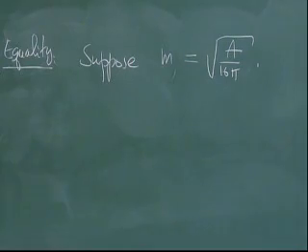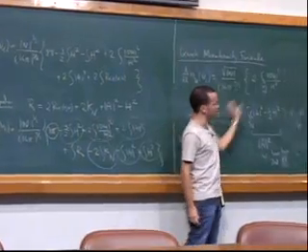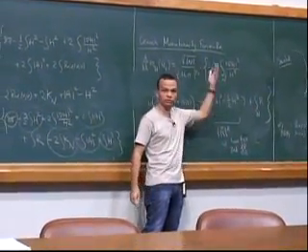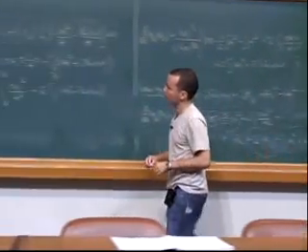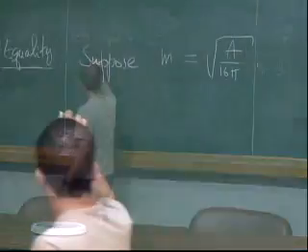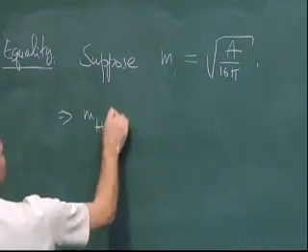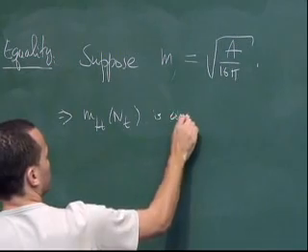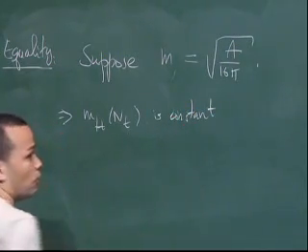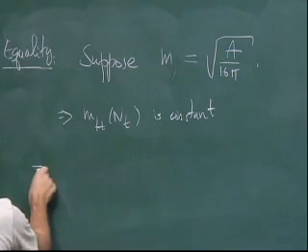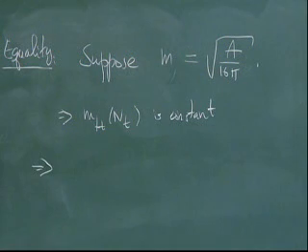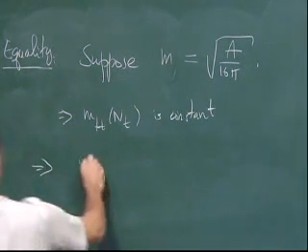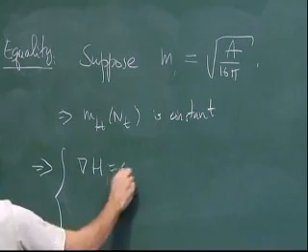In other words, the Hawking mass of the surfaces has to be constant. And also, all these integrals have to be 0 in order for you to have equality. This implies that the Hawking mass of N_t is constant, so it implies that the right-hand side is 0. But all of them have signs, so we can see, for example, that the gradient of H is 0. In other words, H is constant.